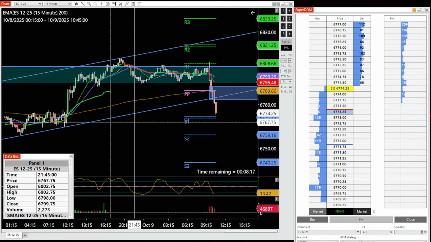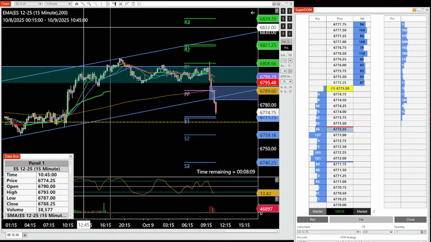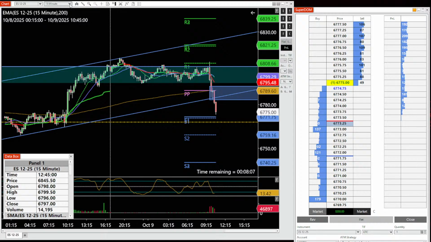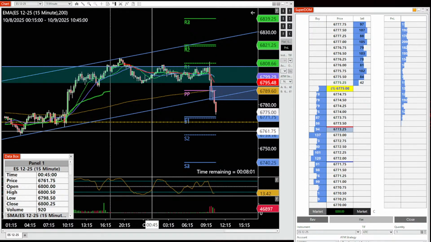Are we going to test the weekly open? Back to the weekly open for 67. We're down 28 points on the day.